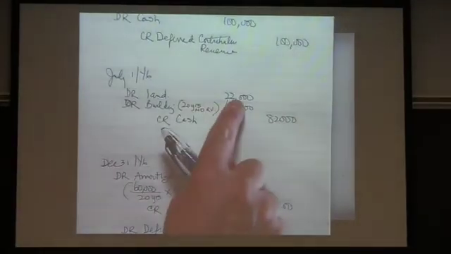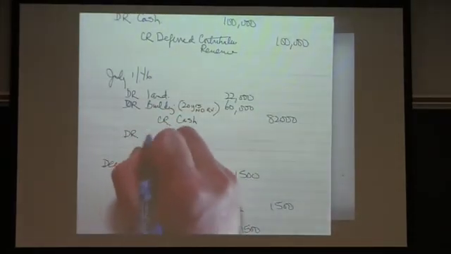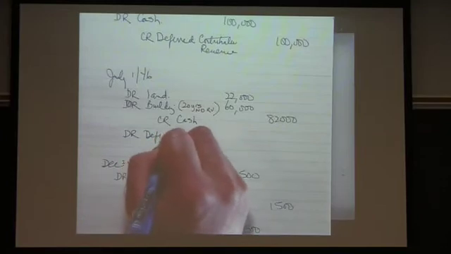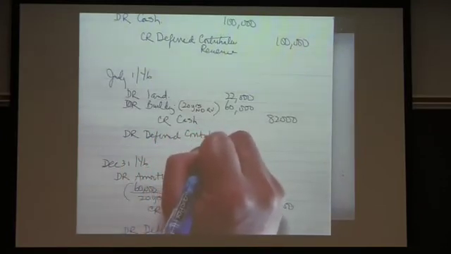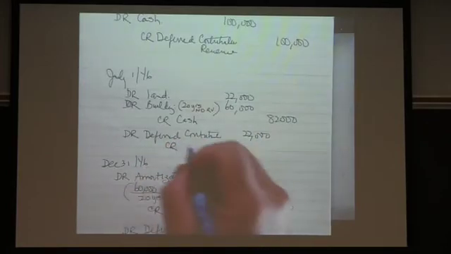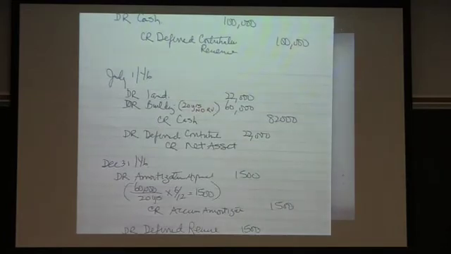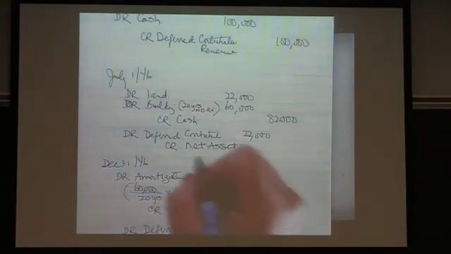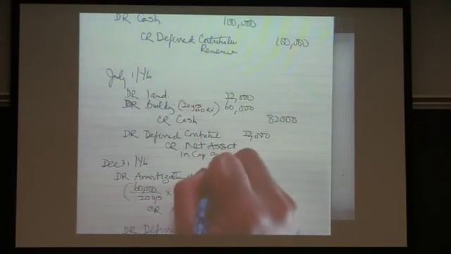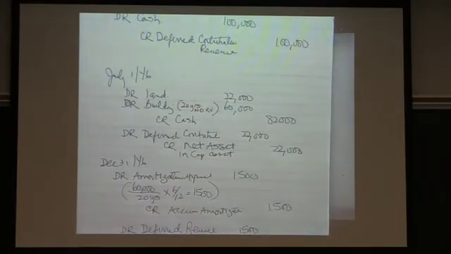The fact that we bought land already, we need to debit deferred contribution of $22,000, and we're going to credit the net asset. And that credit to net asset is in capital of 22. So that was the only thing that I was missing from this transaction.